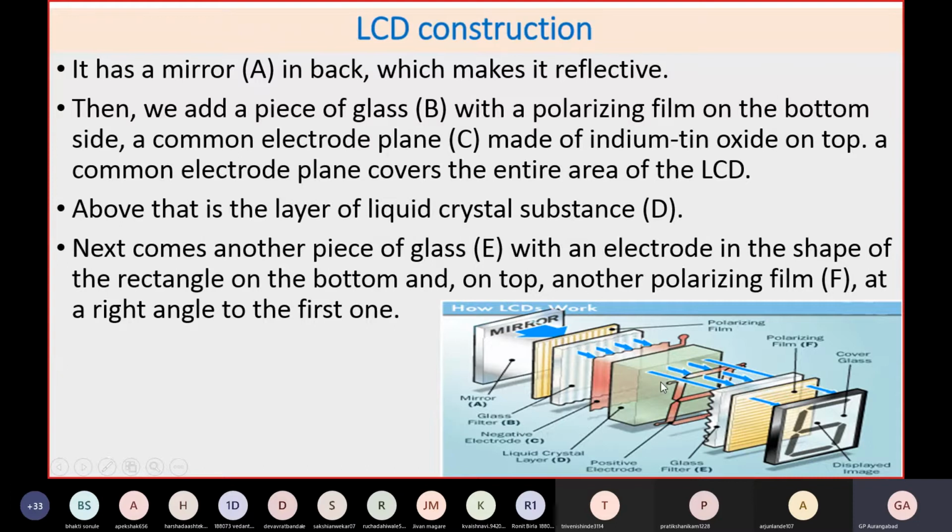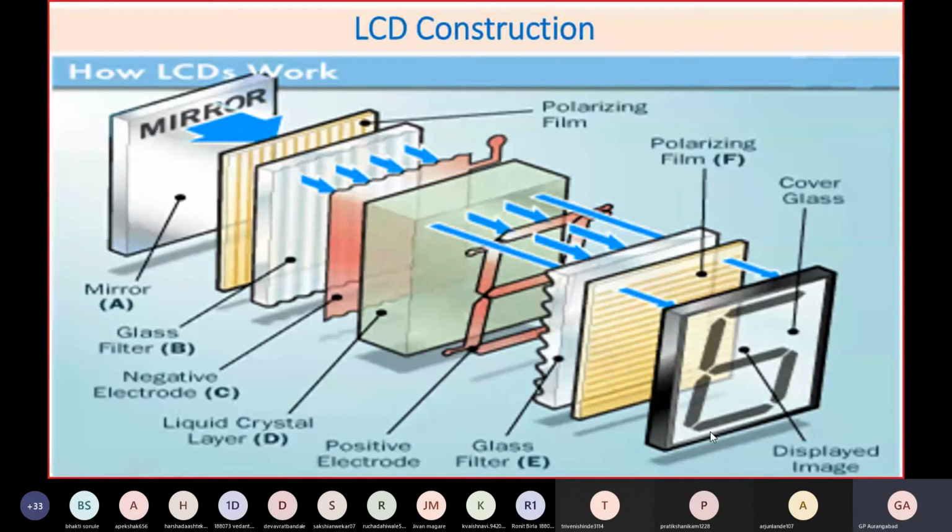Now, the entire structure is shown again over here. Exactly at the center you will find the liquid crystal display. On both sides of the liquid crystal, there are two electrodes shown in pink color, one negative electrode and another positive electrode.